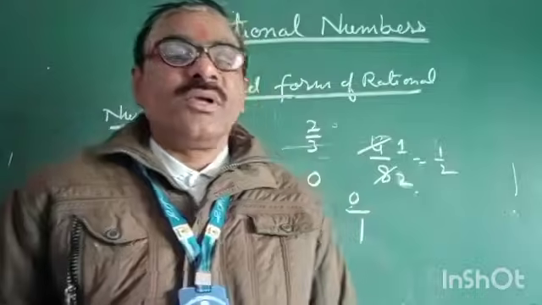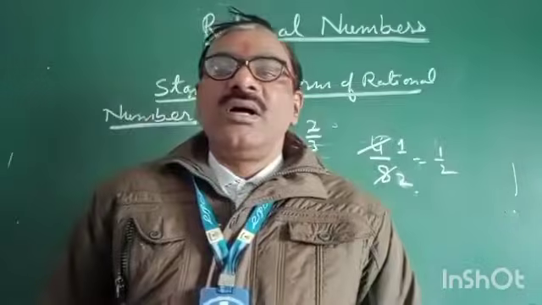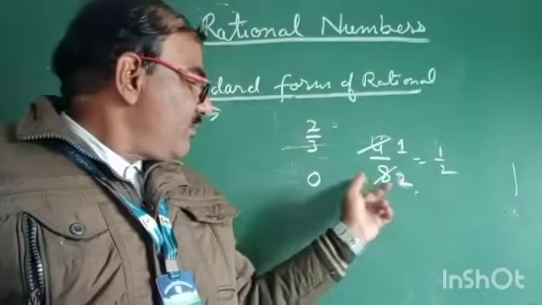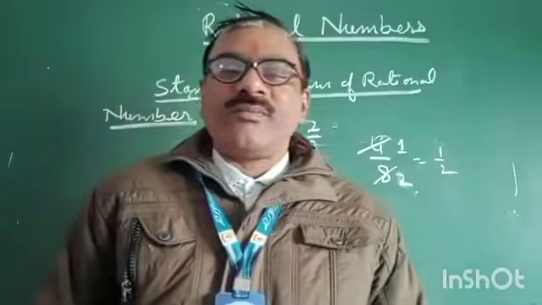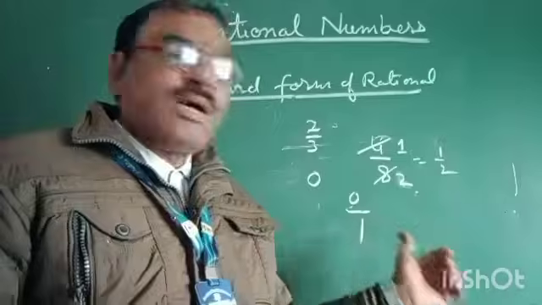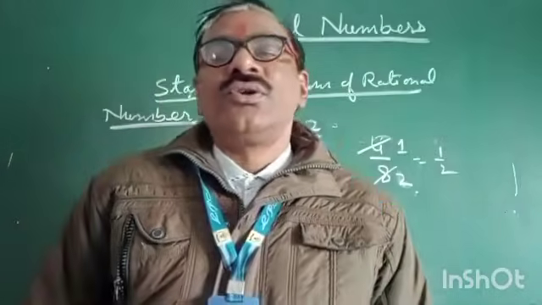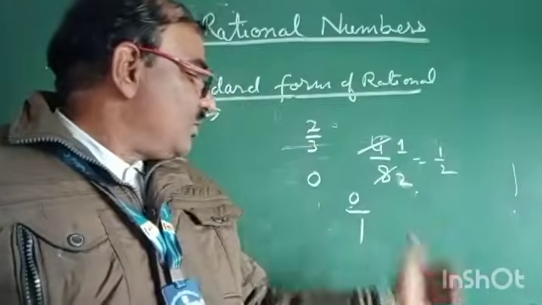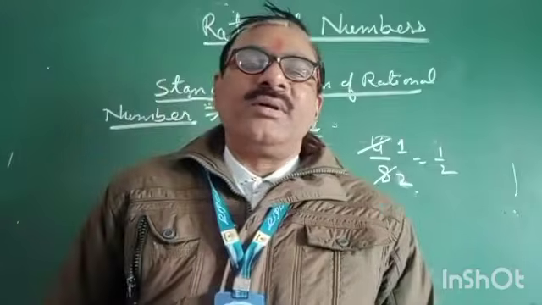So 0 is a rational number because it is in the form of a rational number. Here the numerator is 0, but the denominator is 1, which is not 0. So 0 is a rational number.